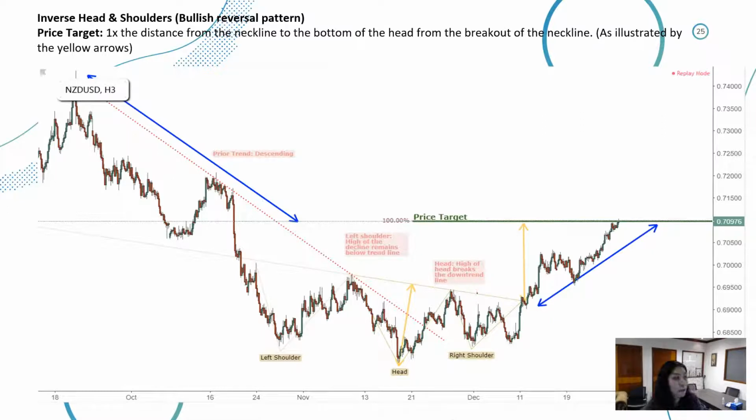The high of the head breaks the downtrend line. So the left shoulder shows a decline trend line, the bearish momentum. But the right shoulder over here indicates that it's going to break the downtrend line and it's going to be a bullish run, in the usual case.